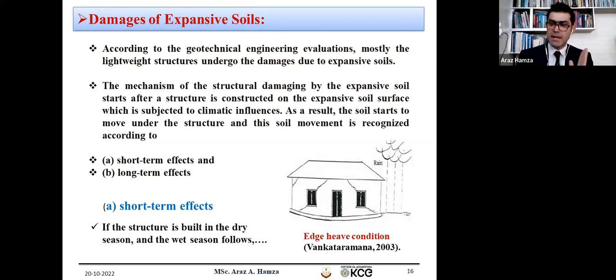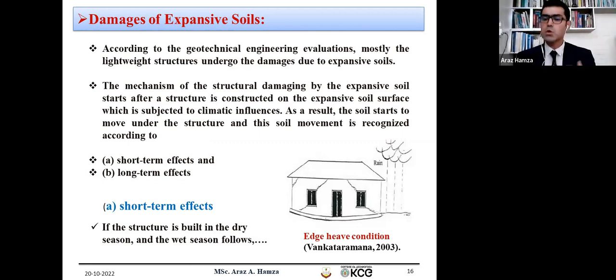This is how expansive soil can damage: the short-term effect and the long-term effect. How the damage will occur by both methods.